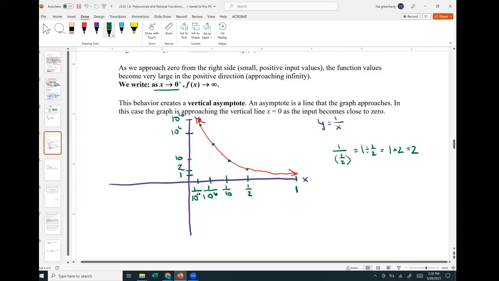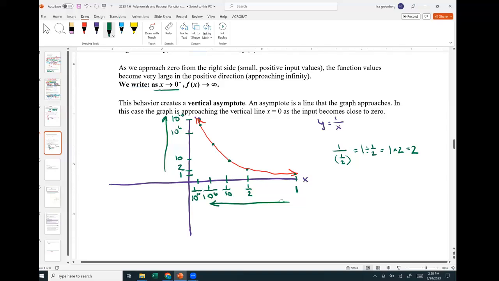As x approaches 0 from the right, or from the positive side, f of x or y goes to infinity. So you can see as x gets closer to 0, y gets closer to infinity.